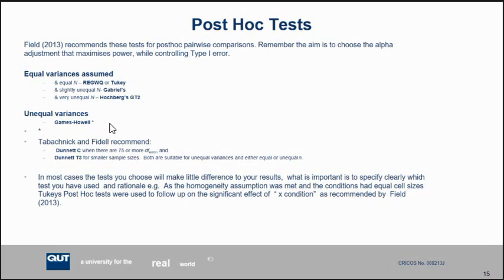If you have unequal variances, so your homogeneity assumption has been breached, he recommends using Games-Howell. In most cases, the test that you actually choose will make very little difference to your actual results. But again, what's important is to specify clearly what kind of post hoc adjustment you've used and the rationale for it.